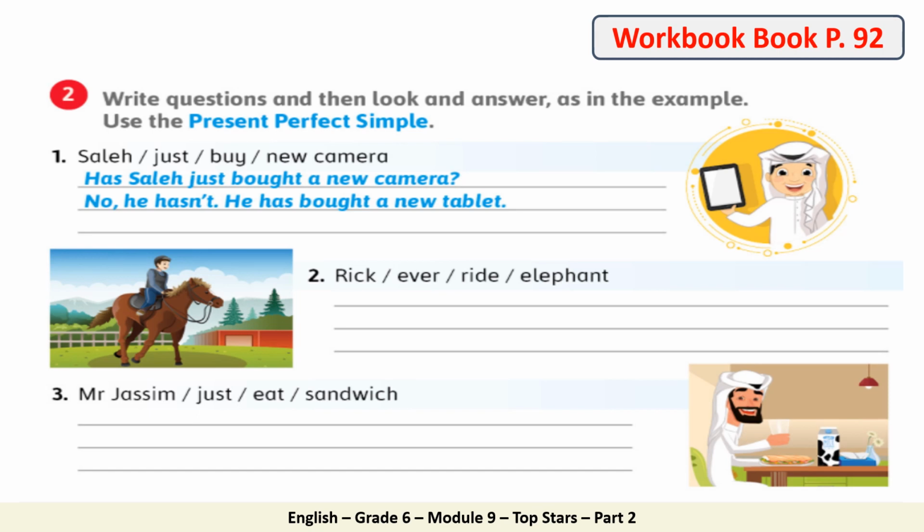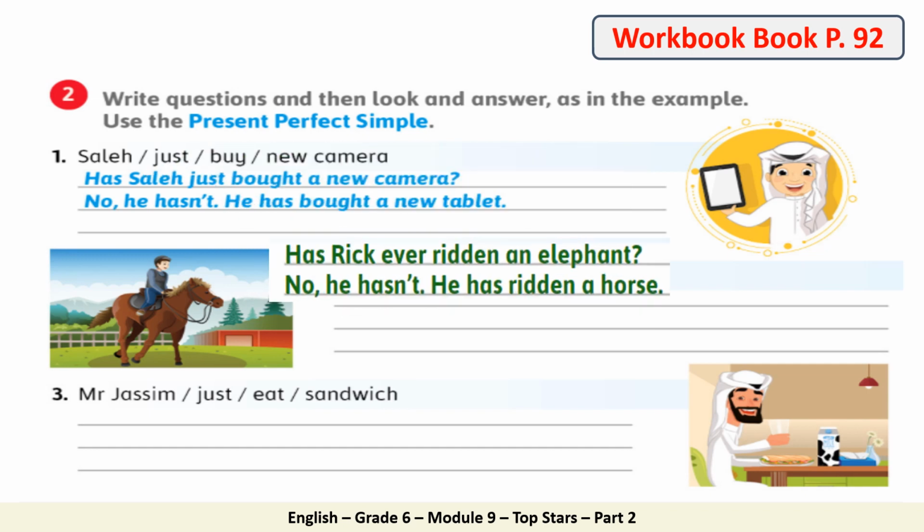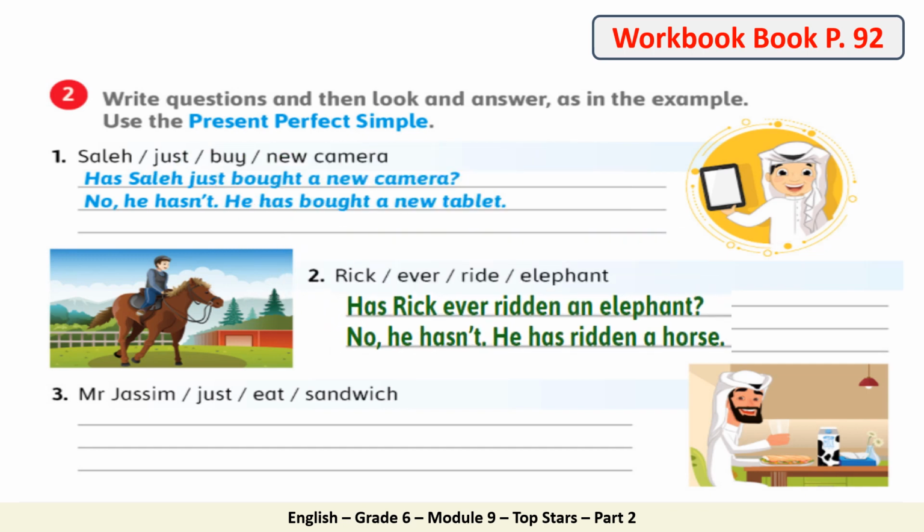Okay, let's see. So, number 2, the prompt says, Rick ever ride elephant? So, the question is, has Rick ever ridden an elephant? Irregular form. Now, the answer is, no, he hasn't. He has ridden a horse. Right.